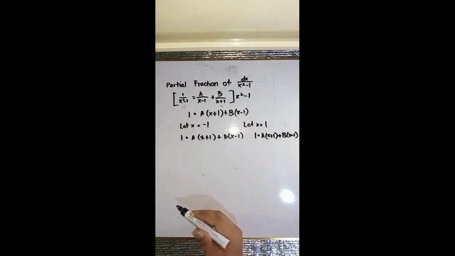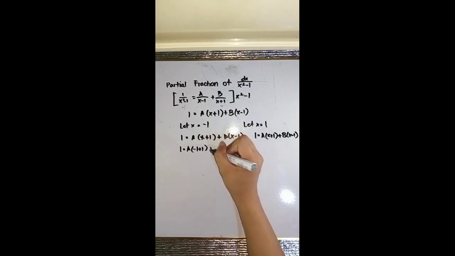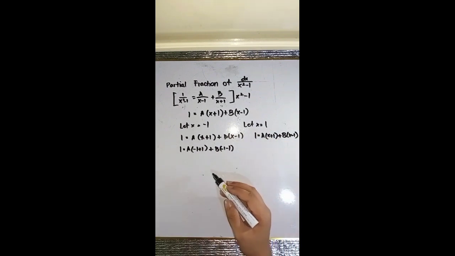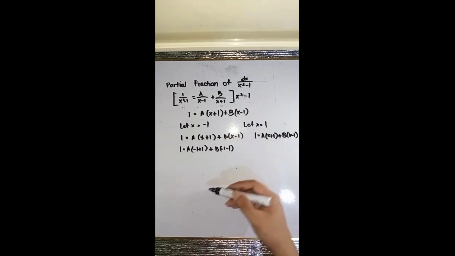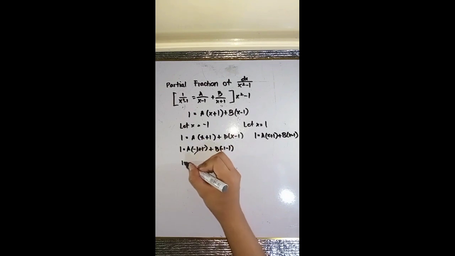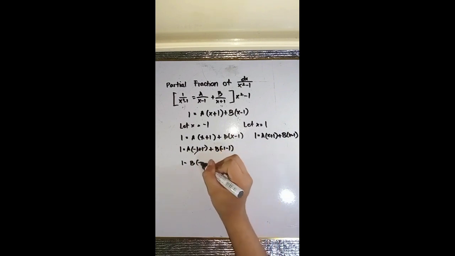So 1 equals a (negative 1 plus 1) plus b (negative 1 minus 1). So a multiplied by negative 1 plus 1 will be cancelled out since negative 1 plus 1 equals 0. So 1 equals b multiplied by negative 2.